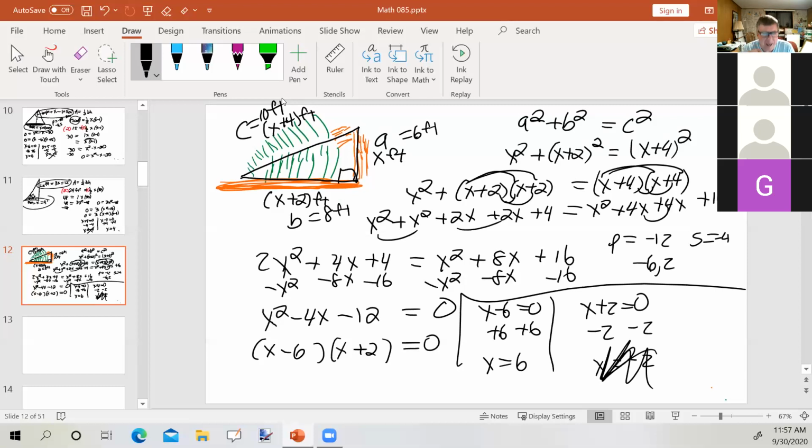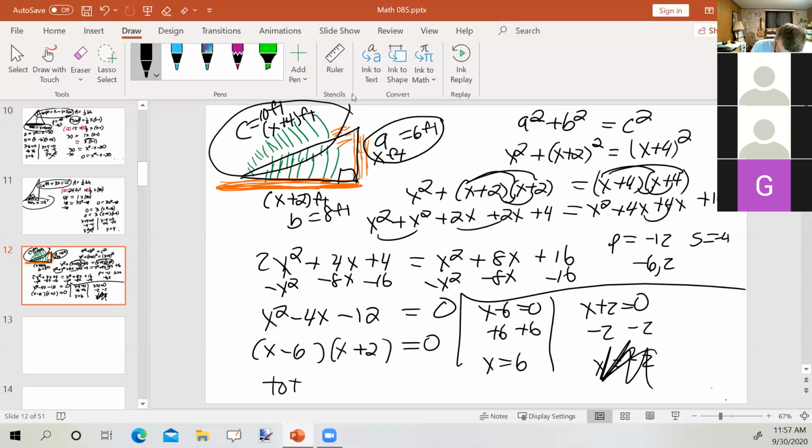Now, we found x. X was 6 feet. But let's go back and look. This is what it says. It says, find the height of the tree when it was standing upright. We don't want to add up all 3 sides. We need the piece of the trunk still standing, and then the piece of the tree that was broken. So we've got 6 feet plus 10 feet.